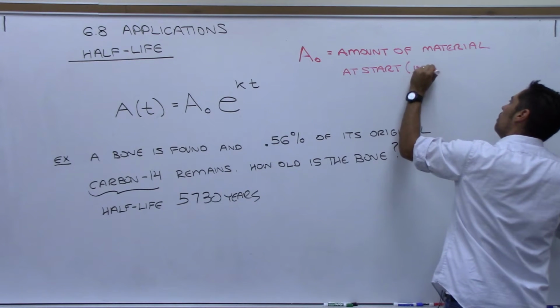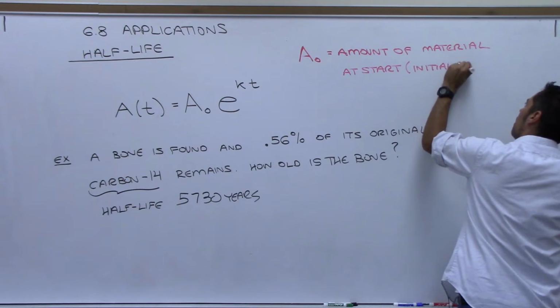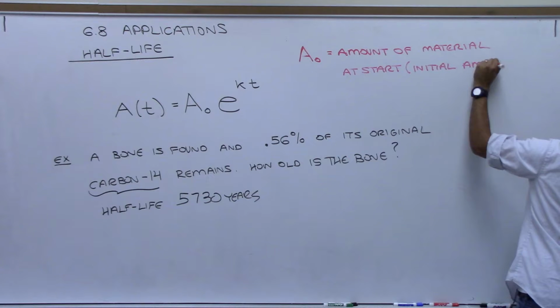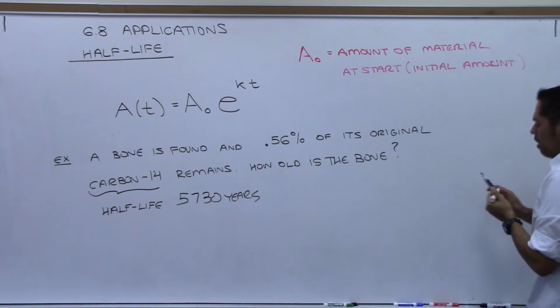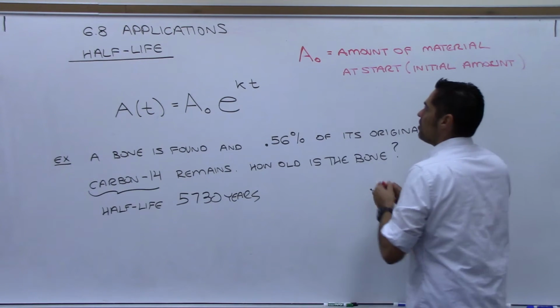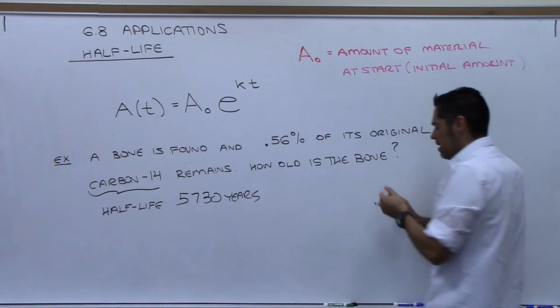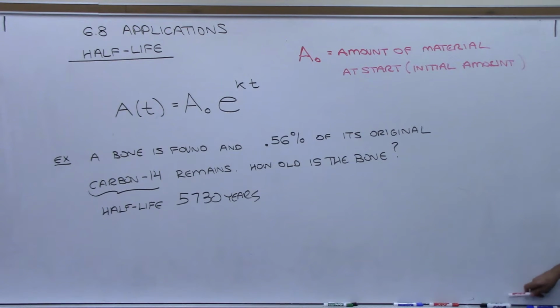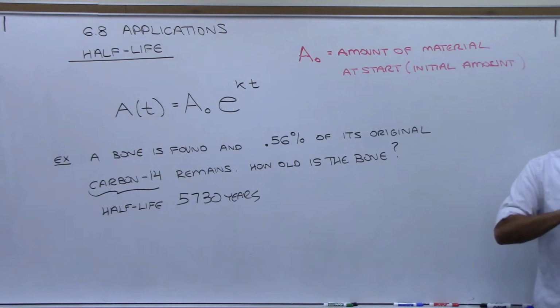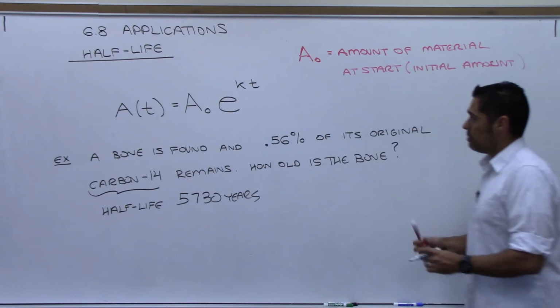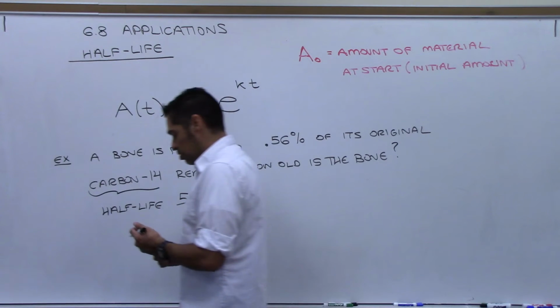The initial amount. The reason they use A with a subscript of 0: A stands for amount, subscript 0 means time 0, the starting time. So A sub 0 is what's there initially.